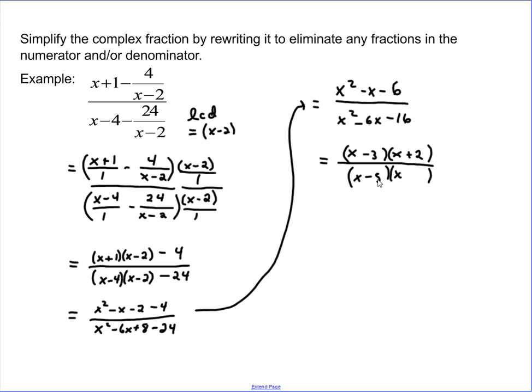Yes, that's right, negative 8 plus 2. And it looks like the x plus 2 goes this time. And so our expression x minus 3 over x minus 8 is what's left over. And again, I'm going to say this is true as long as x is not equal to negative 2, nor, as we can see right here, x should equal positive 2.